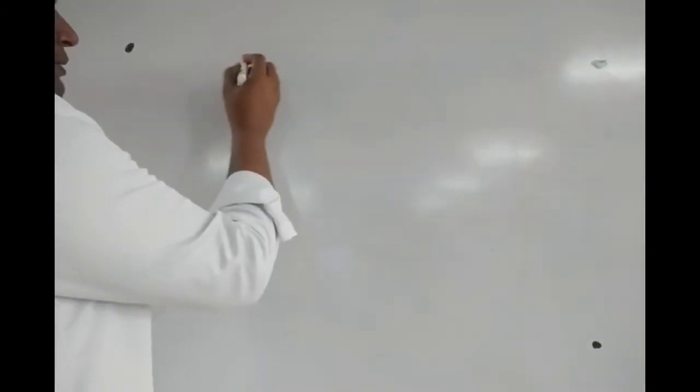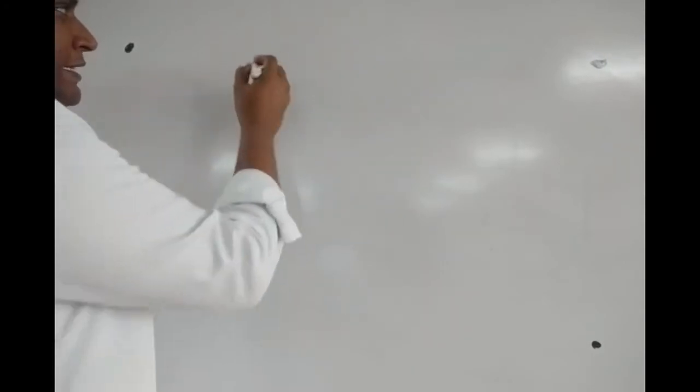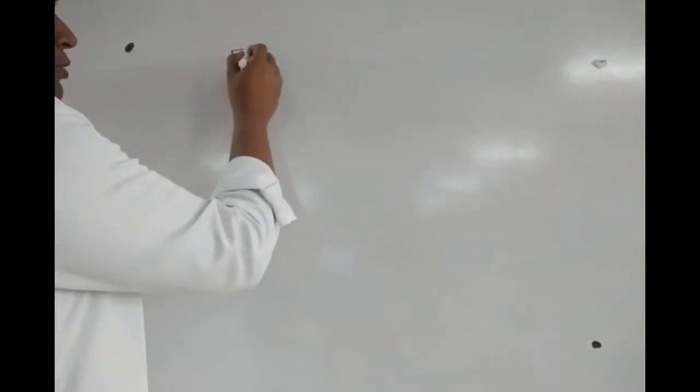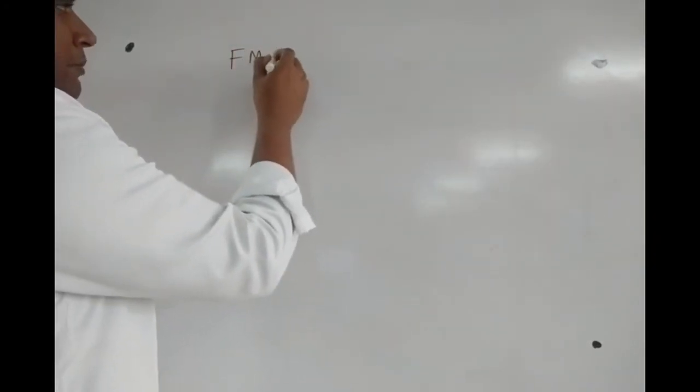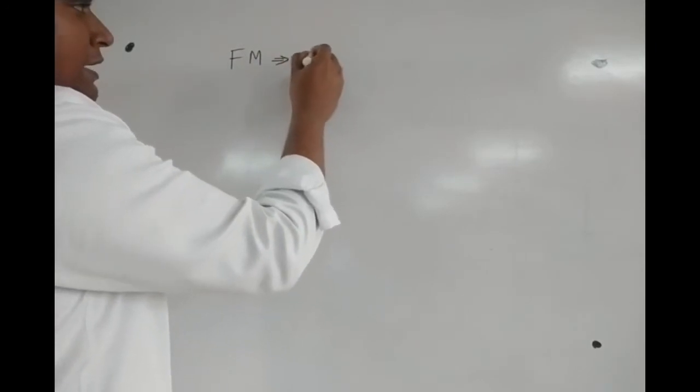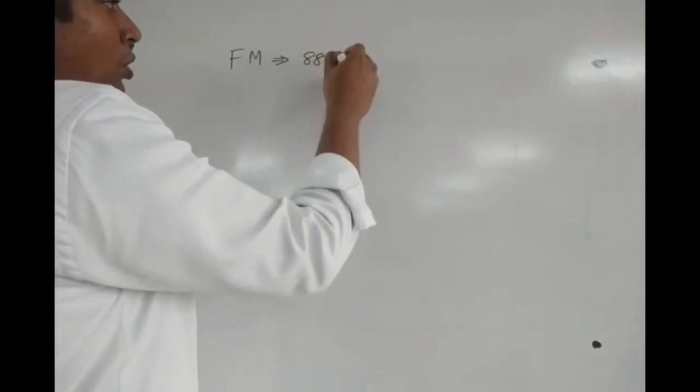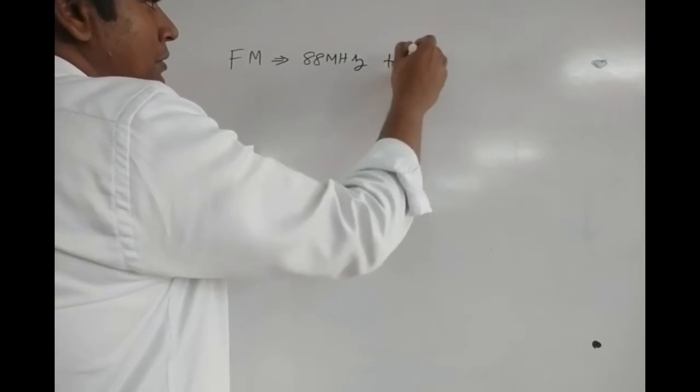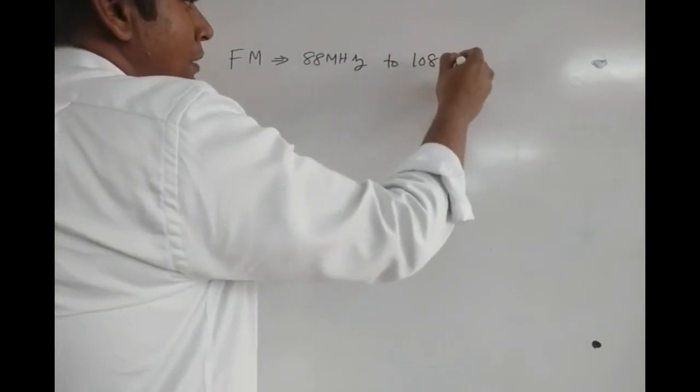As we discussed, first we try to fix the application. I'm trying to take an FM application, frequency modulation. The broadcast range is 88 megahertz to 108 megahertz. This we very well know.